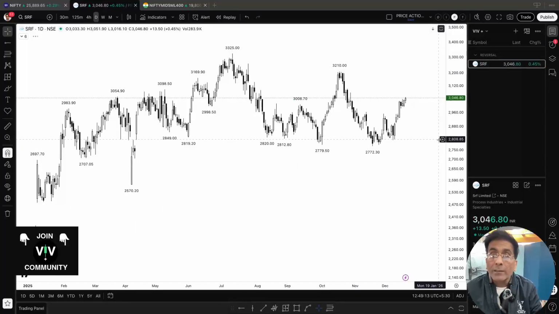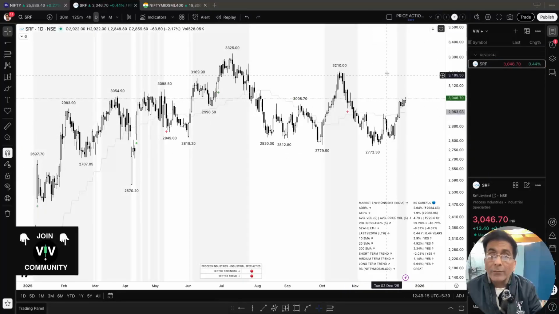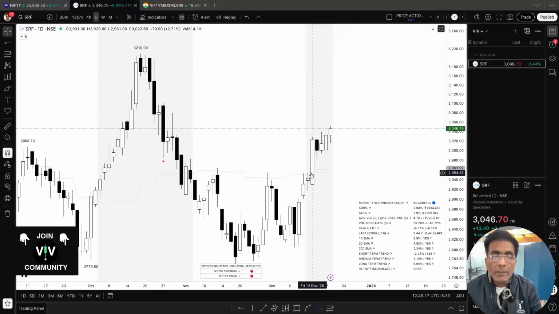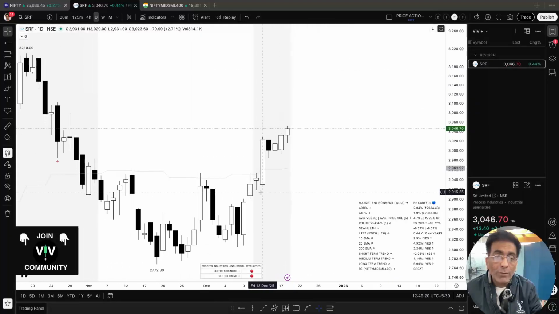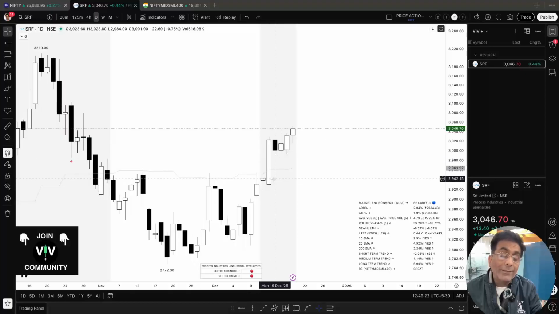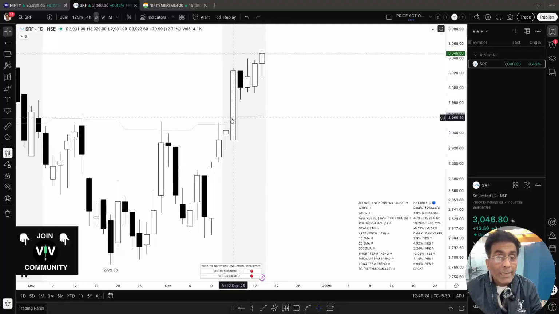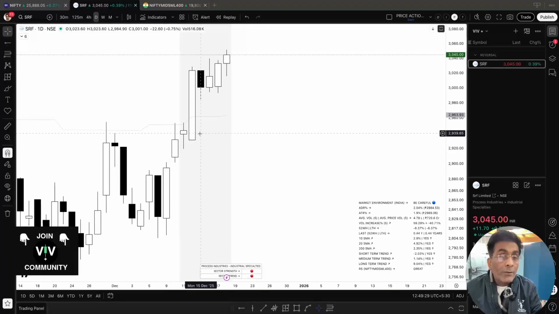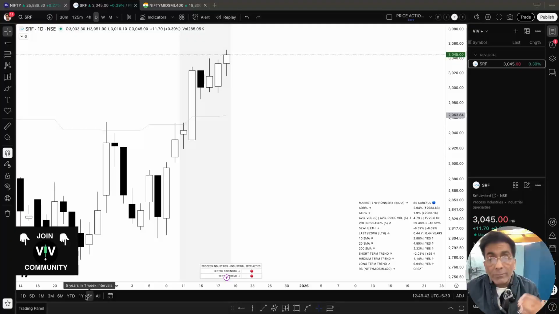If you see, this is the latest, I can show you. See, before price going above the 10-week moving average, where we usually buy, you can see the trend was already changed. So this was a low risk and high probability trade. So if someone bought it here, they must be sitting in a profit.